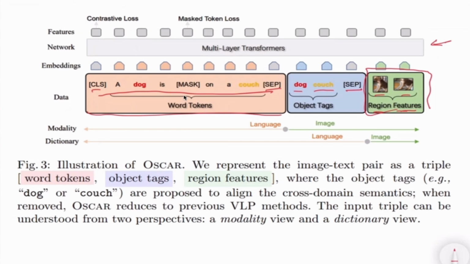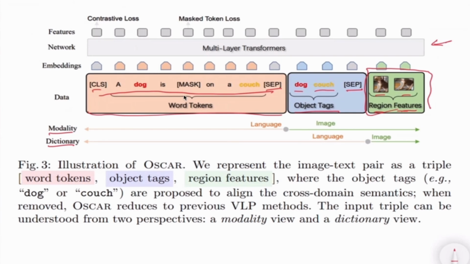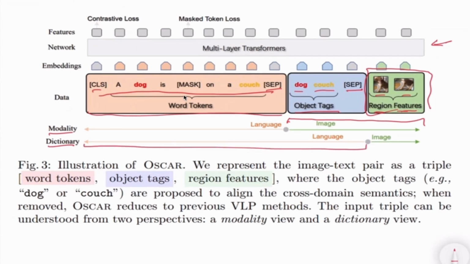Now there are two views which they are mentioning. One is the modality view, another is the dictionary view. If you consider these object tags, which are coming from your object detector, as part of your vision modality, then that's called the modality view. If you consider those object tags as part of your language modality, that's called the dictionary view.